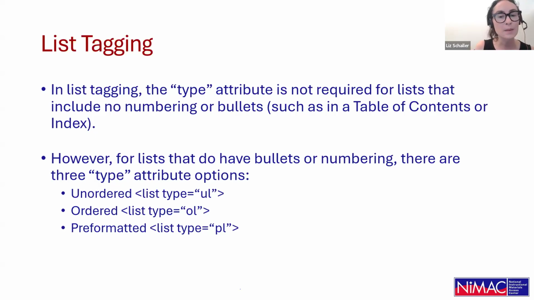In list tagging, the type attribute is not required for lists that include no numbering or bullets, such as a table of contents or an index. However, for lists that do have bullets or numbering, there are three type attribute options. We have unordered or type UL lists, ordered or type OL, and pre-formatted or type PL lists.